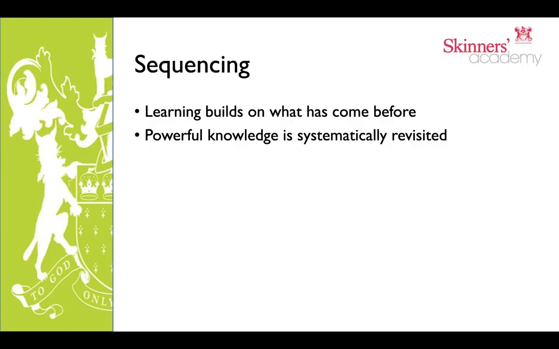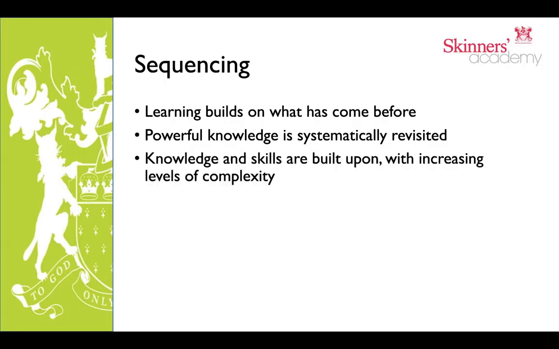So when we sequence, we need to systematically revisit, to systematically deal with, explain, and exemplify the powerful knowledge within the curriculum. If we don't do that, we will risk students forgetting the most powerful knowledge within our topic. And that is the exact opposite of what we want. So what we want to see within a sequenced curriculum is that knowledge and skills are built upon. They get more and more complex the further up you go.